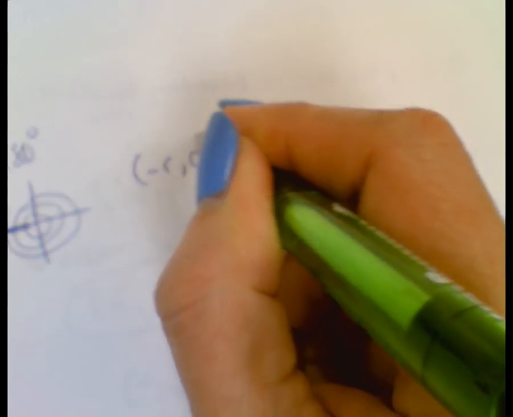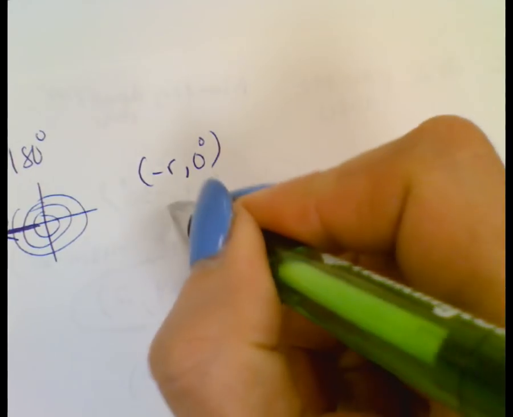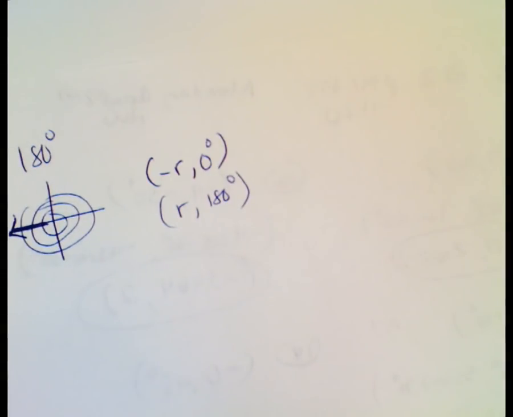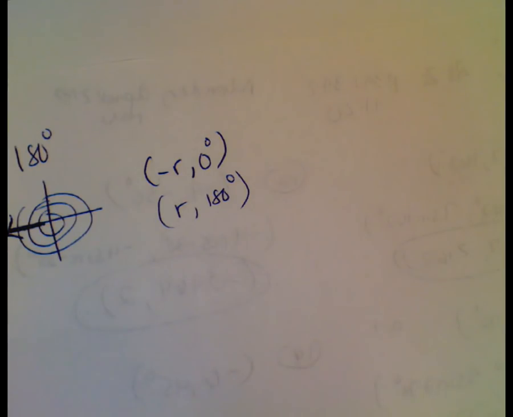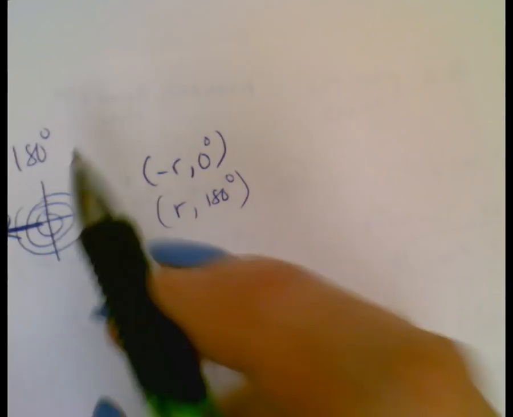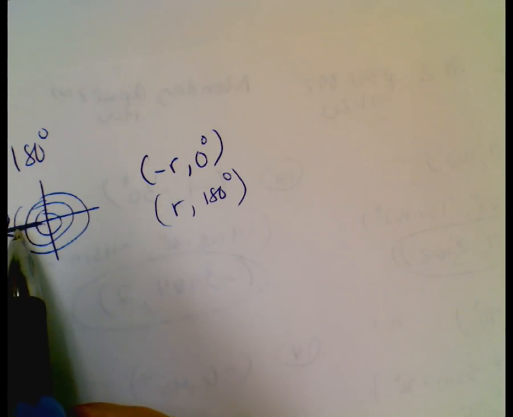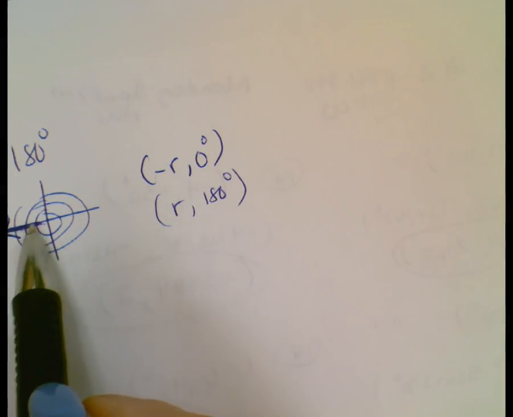You could say negative r, 0, or you could say r, 180, first of all. You could use either one of those. I guess you could say any point that lies over here has a y coordinate of 0. No, x coordinate of 0. I'm sorry, y coordinate of 0.